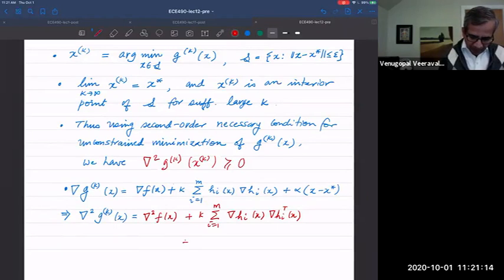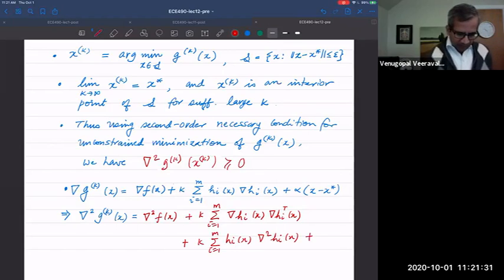And then when you do it the other way, you get the Hessians of the h_i's. And then finally, if you look at this term, x star is fixed. So you take the gradient with respect to x. This is a linear function, so you just get the identity matrix.